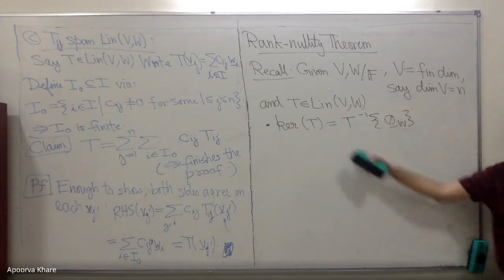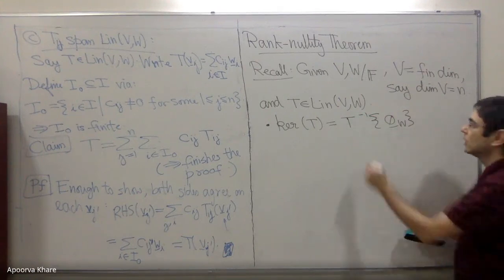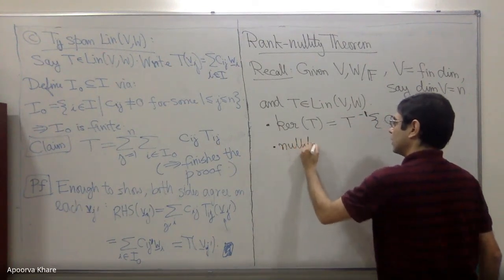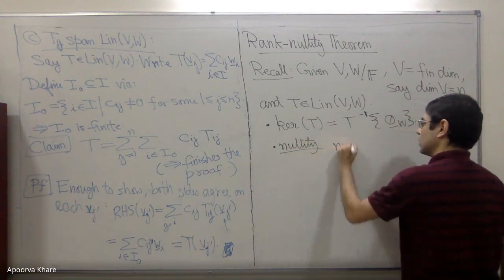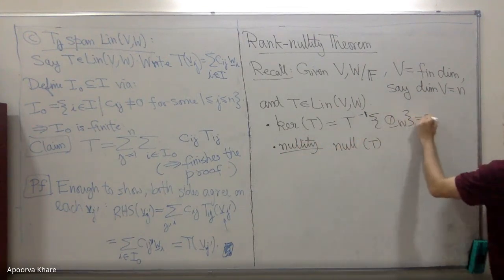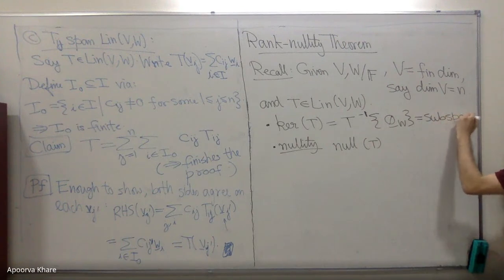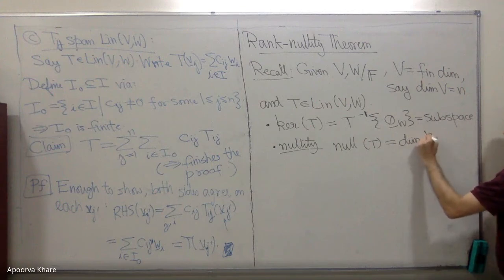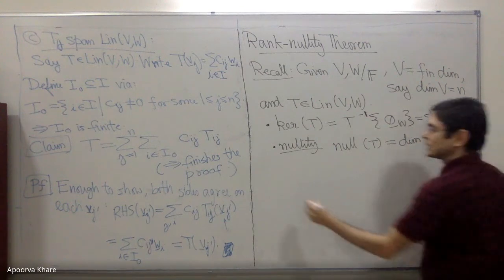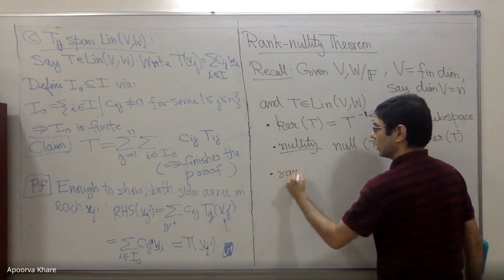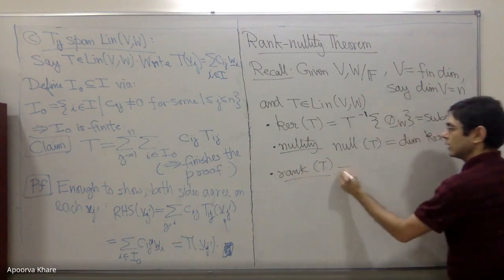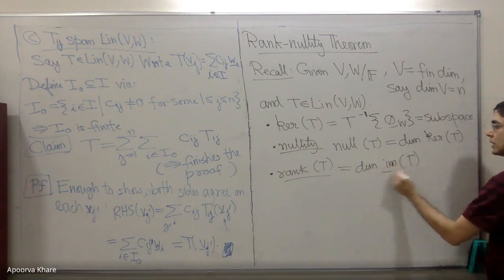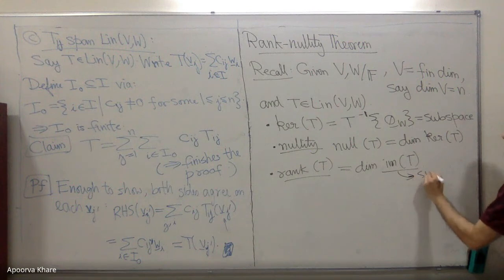That's the compact way of saying that, the inverse image of the 0 vector. So this is a subspace, of course, and the nullity of T is the dimension of this subspace. And similarly, the rank of T is the dimension of another subspace, which is the image of T. Remember that this was also a subspace. We mentioned that last time.